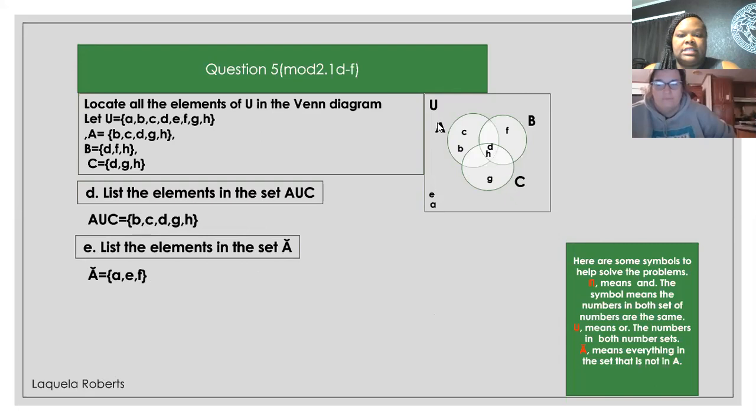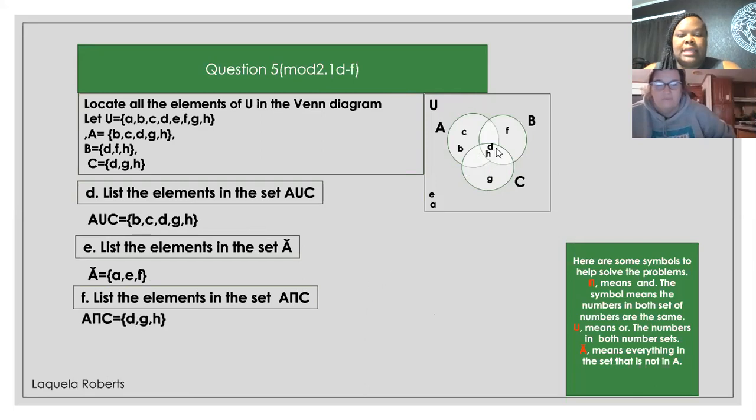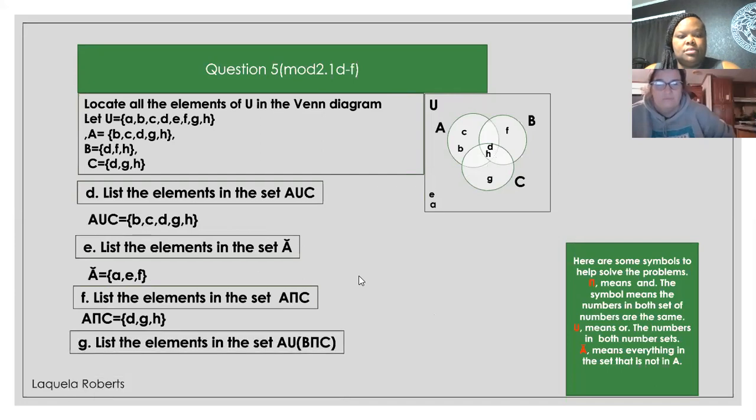And that's going to give us A, E, and F. We're going to list the elements in the set A and C. And that's going to be D, G, and H. We're going to list the elements in the set A and B and C. And you're going to get D and H, just these two right here for that one.